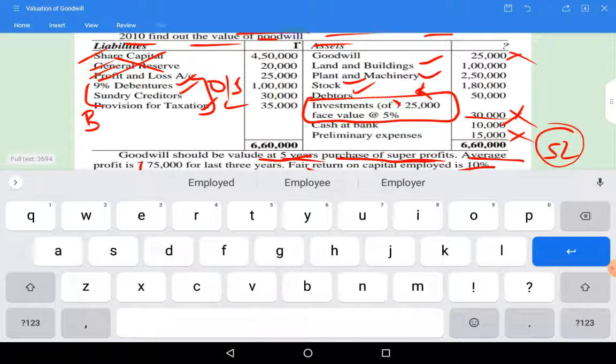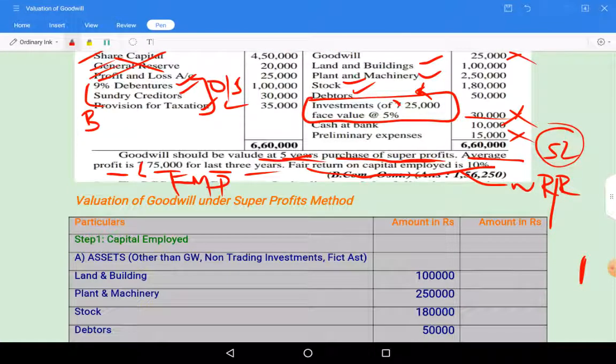So let us see. For assets, we should not take goodwill, investments and preliminary expenses. Other than that, we have to take other things.